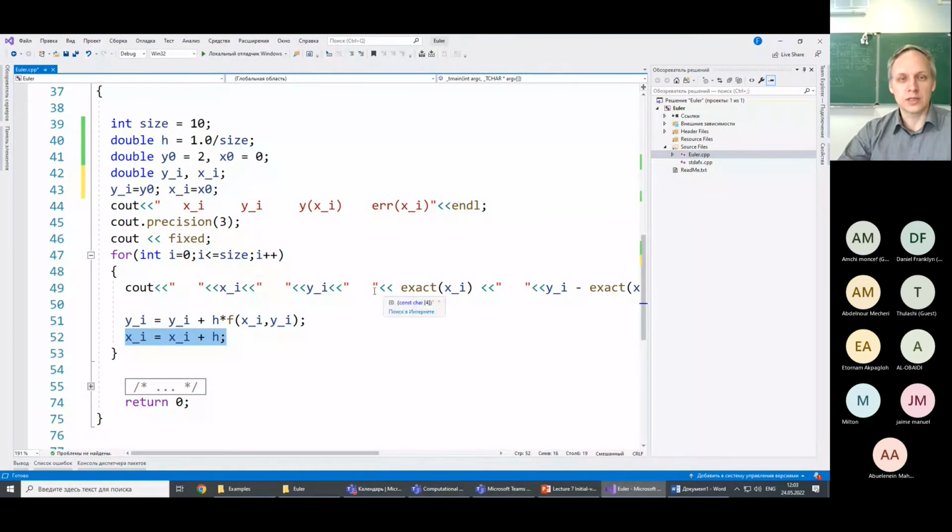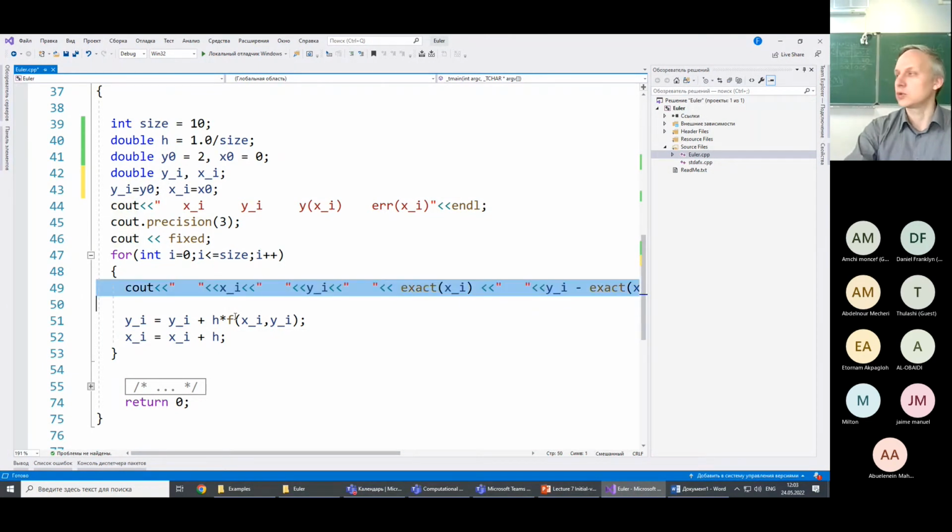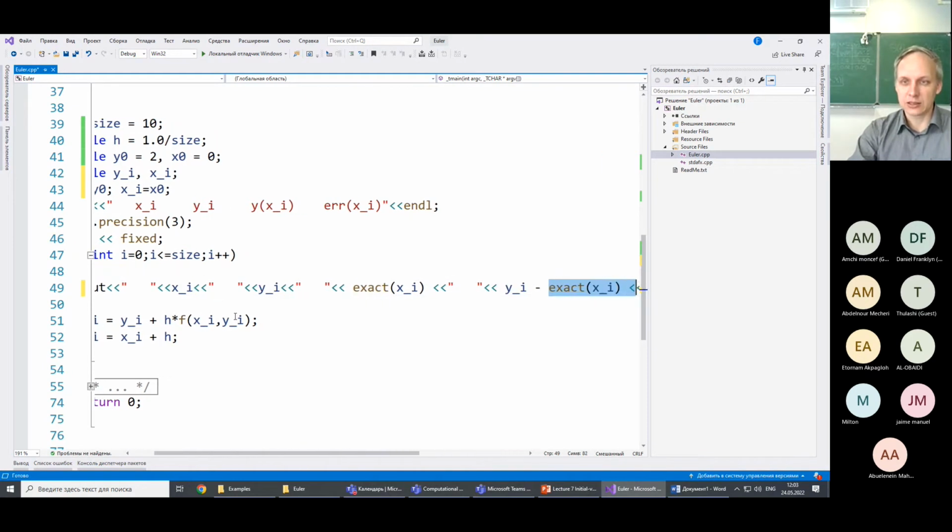Let's run this program. In this loop there is an output statement where I output to the screen the value of x, the value of y, the value of the exact solution, and the error, the difference between the approximation and the exact value.